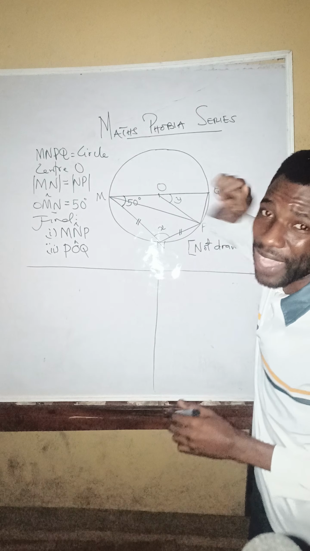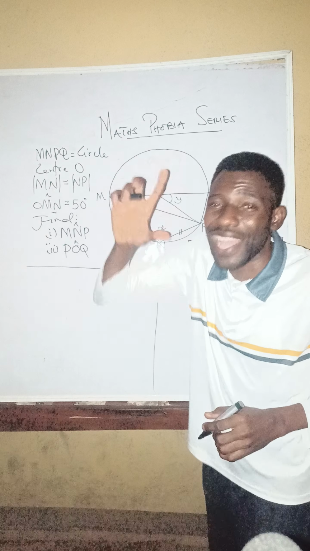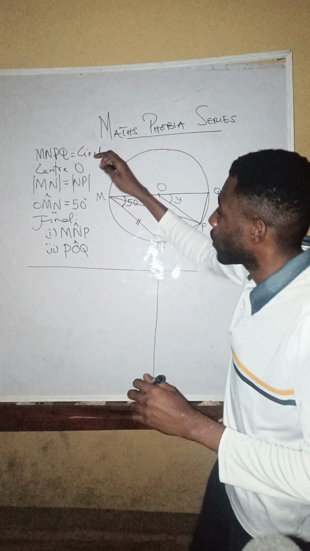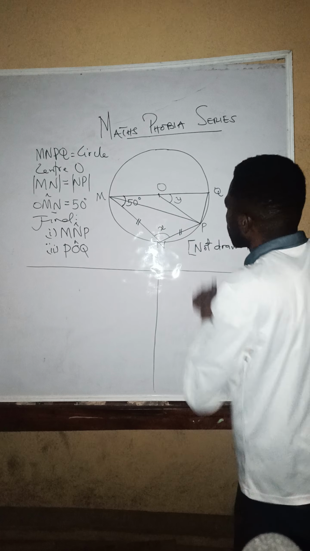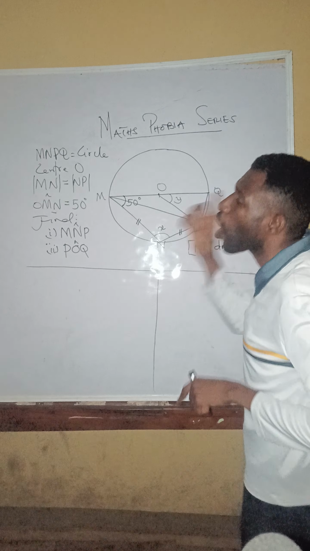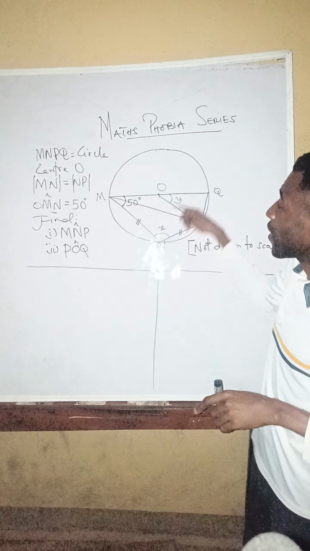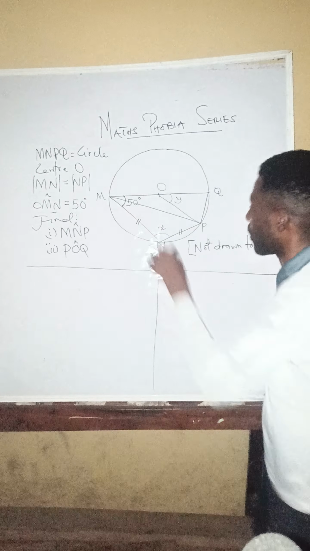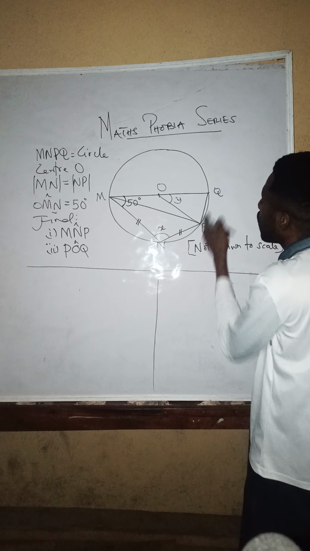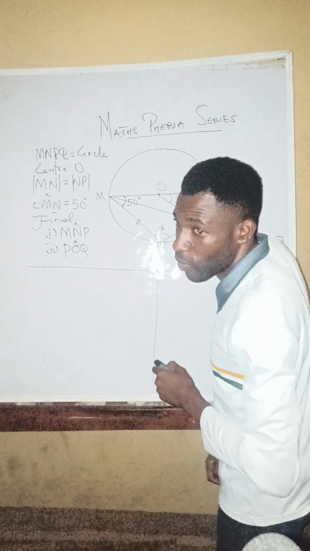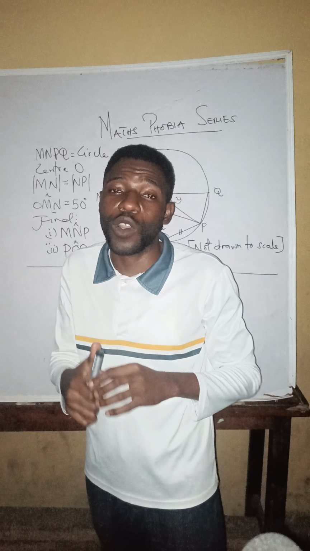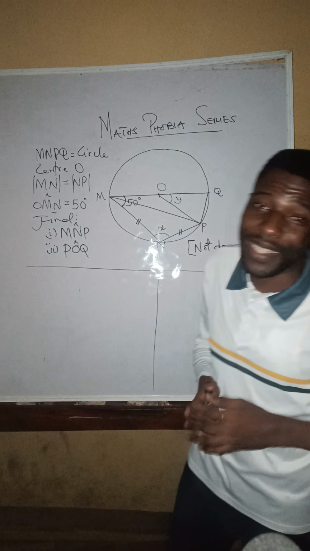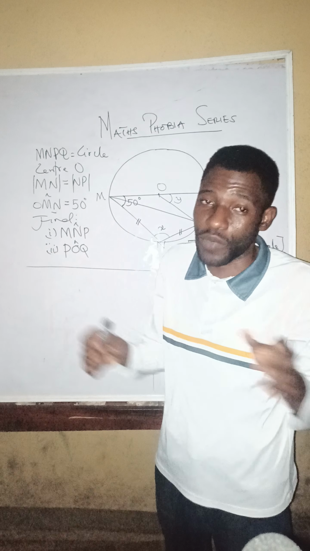So let's work with circle theorems. You work more with circle theorems than conditions, depending on the question. Now we have a center in this question, and we also have a cyclic quadrilateral. MNPQ is a cyclic quadrilateral, a four-sided figure inscribed in a circle such that the four vertices touch the circumference of the circle.